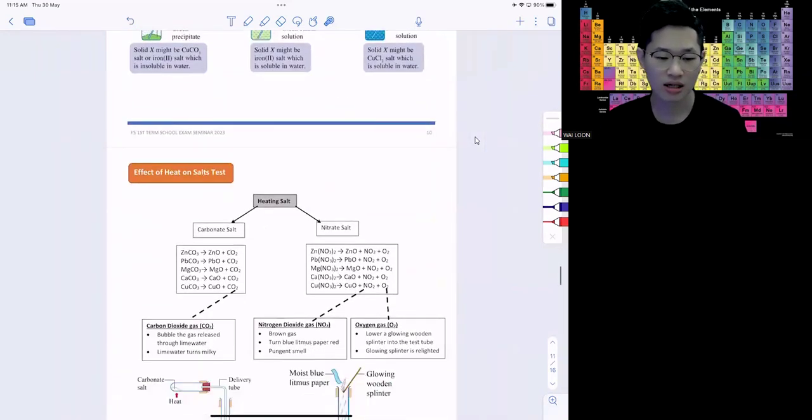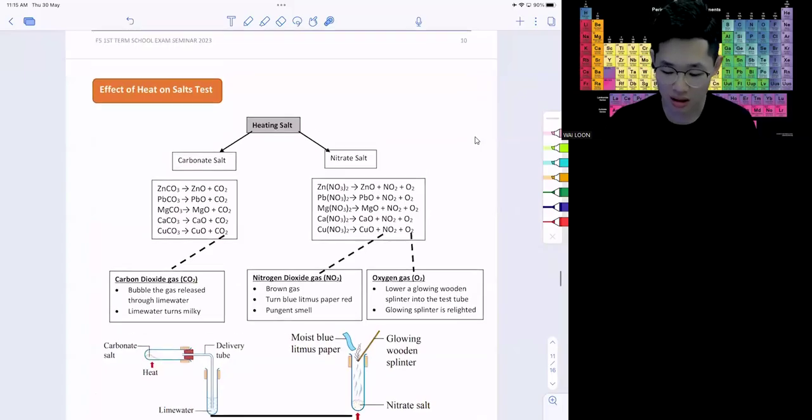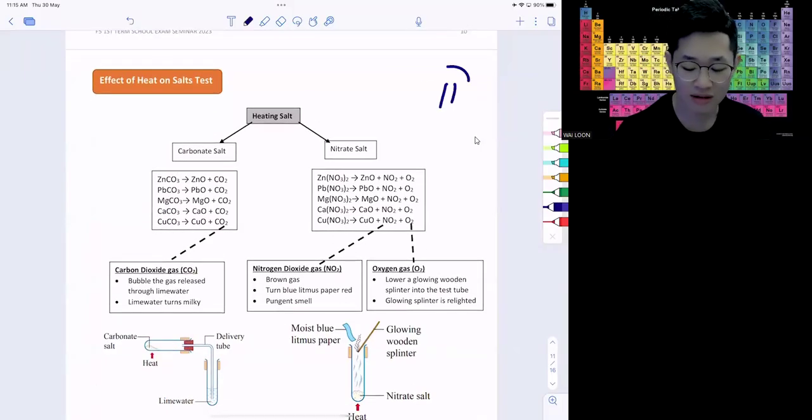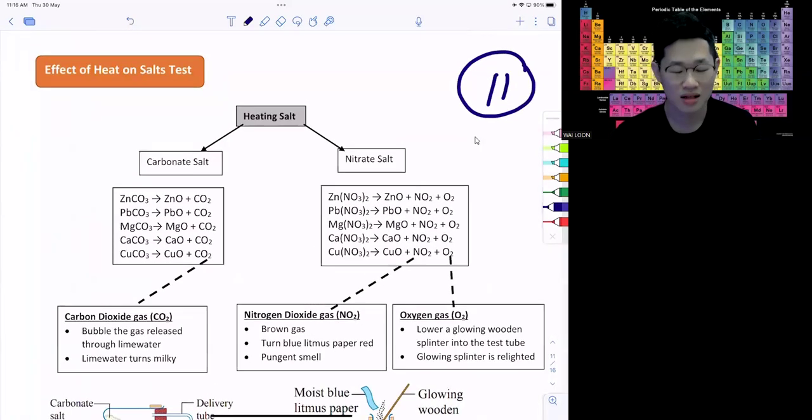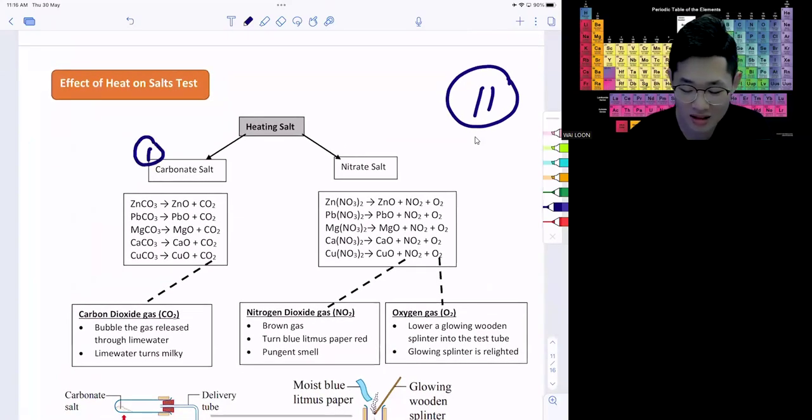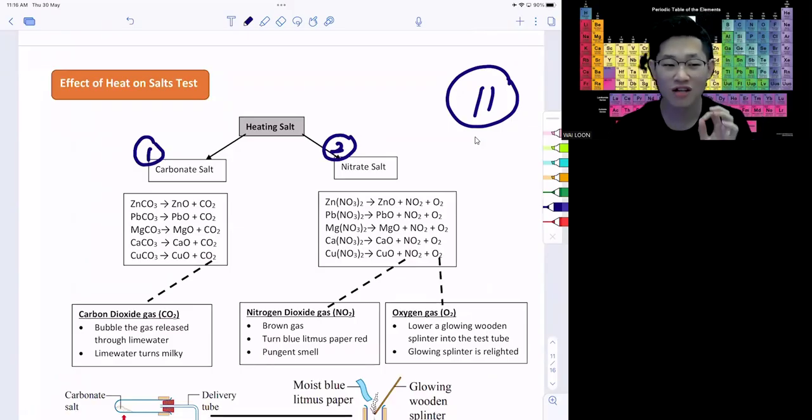Next, the last one, heating of salt, on page 11. The two most important ones are heating of carbonate salt and heating of nitrate salt.